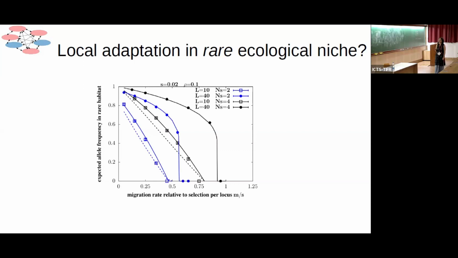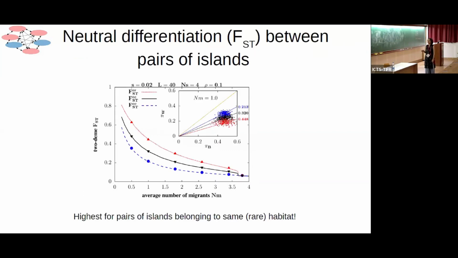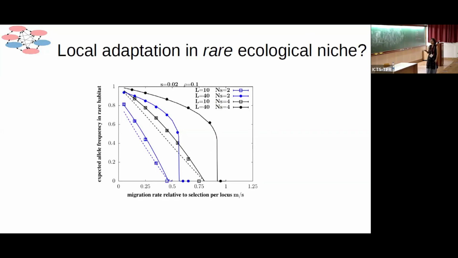More loci means, if you look at blue squares versus blue circles, sharper thresholds. And then the blue versus black are larger population sizes, but still not so large, so drift is important here. Again, one can see that with both higher populations and more loci, you have shifted and sharper thresholds at which adaptation is lost.